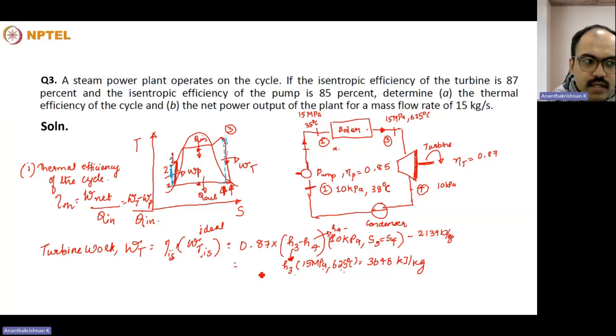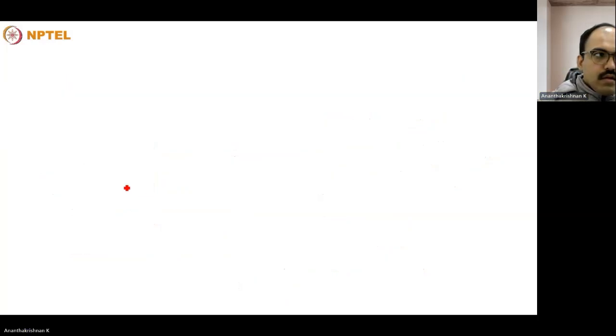So the corresponding efficiency, this difference multiplied by 0.87, will give you the corresponding value of the work output from the turbine. So that is equal to 1313 kilojoule per kilogram. That is one part of the net work. And the second part is the work input required in the pump.